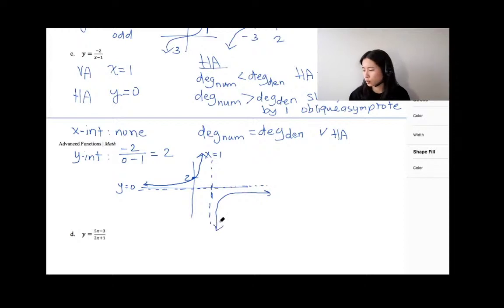So that's how you draw this function, and hopefully that was pretty straightforward. We're going to do a lot of concepts relating to rational functions, because I know a lot of students struggle with graphing in general, so that's why I'm starting with graphing for advanced functions, and then we'll move on to applications.